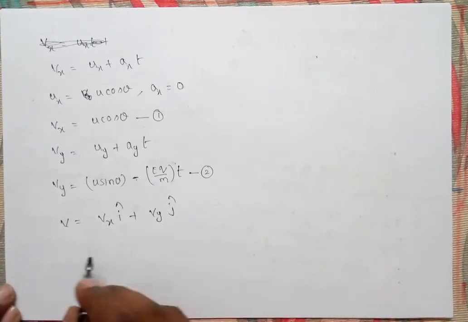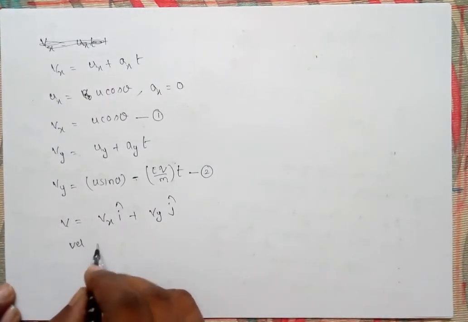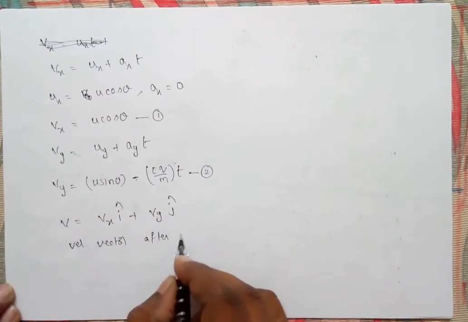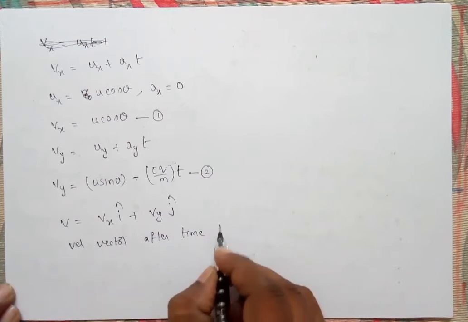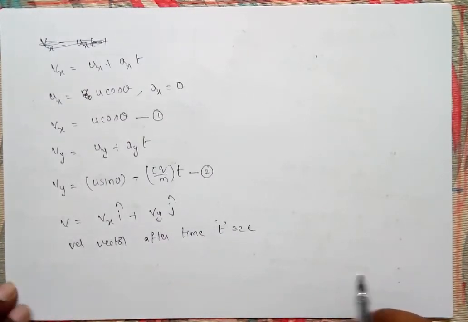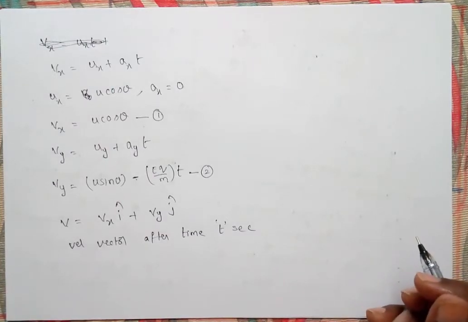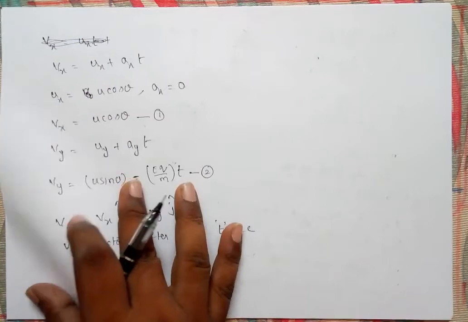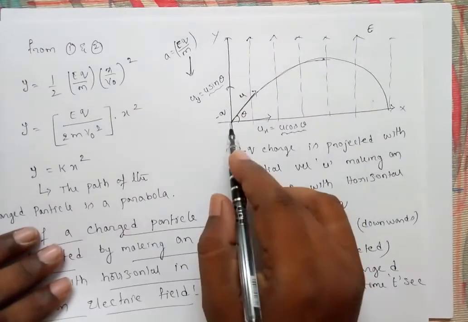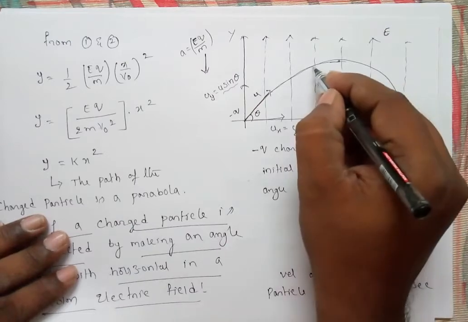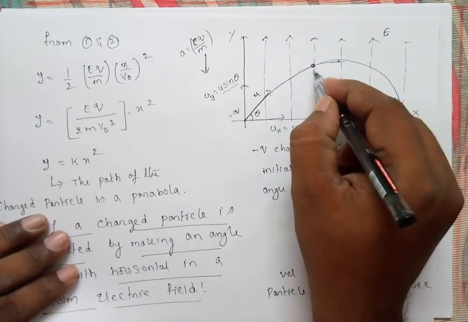Velocity vector after time t seconds. Next, positions, you have to discuss it. What is the position? Initially it was at the origin. Now after time t seconds, where does it go? Suppose this is the position we took here.